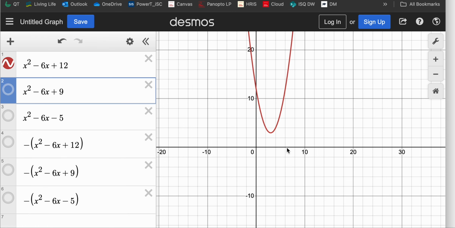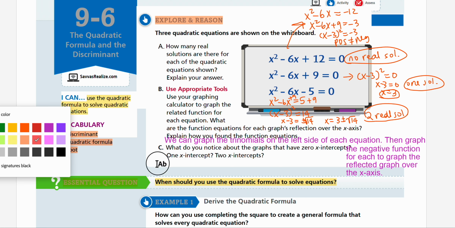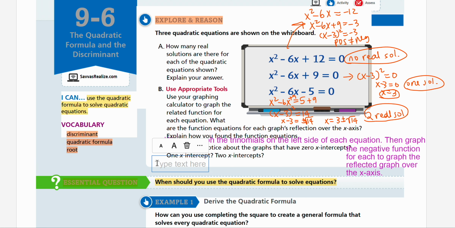And no x-intercept for the first graph, so no real solution, right? So for part C, we want to say that equations for graphs that have 0 x-intercepts have no real solutions.